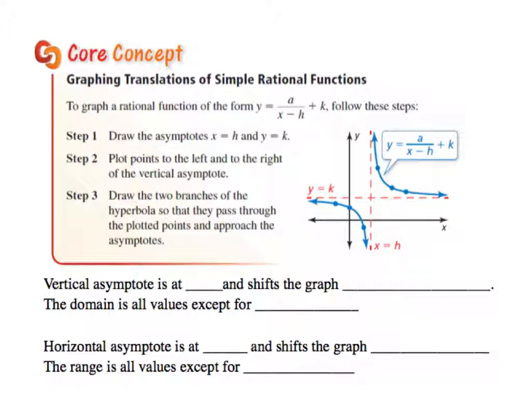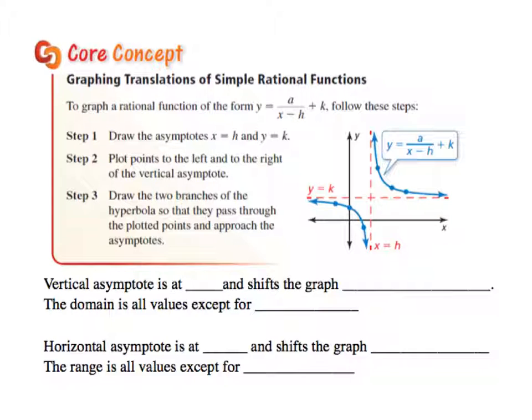Okay, so now we're looking at actually translating this graph left, right, up, and down. And it's much like when we had vertex form, when we did parabolas, how there's a value of h that moved it left and right and a value of k that moved it up and down.